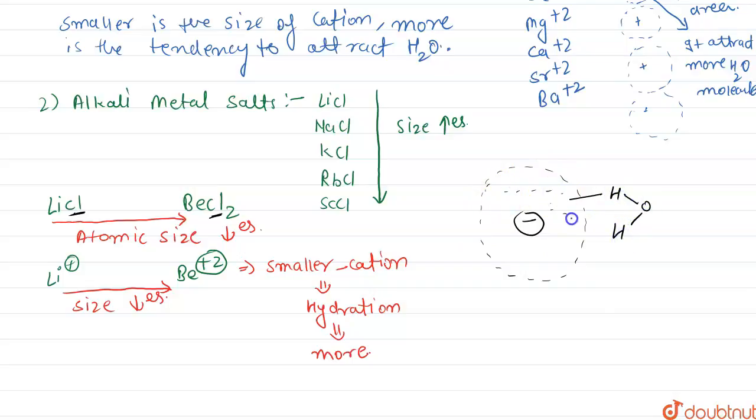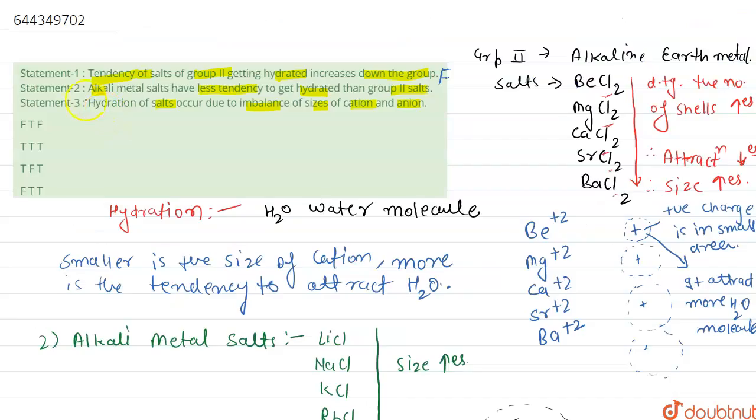Here the charge density is spread over more area, so it has more tendency to attract H of the water molecule. So in BeCl2 the size of the cation is small and the size of the anion is large, therefore it has more hydration than LiCl. So statement second, alkali metal salts have less tendency to get hydrated than group second salts, is true.